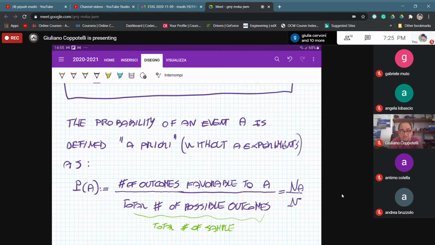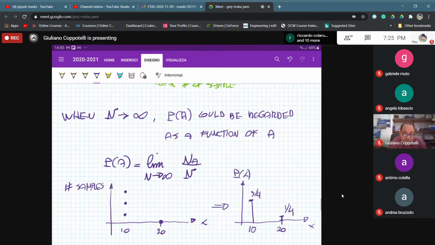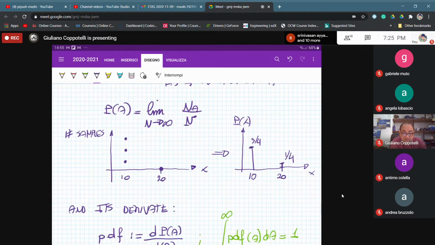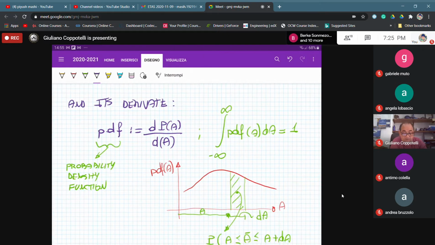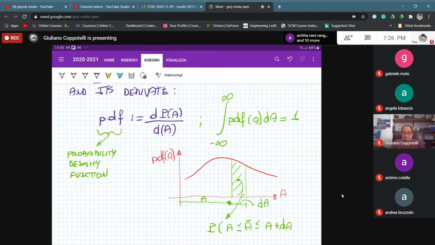But if we evaluate that A with a very large number of values, that is, we take the limit of that ratio, then we move from a discrete distribution to a continuous one. We can derive, because of this, a derivative function of this probability that is called the probability density function. This probability density function has some important properties that we just saw before.